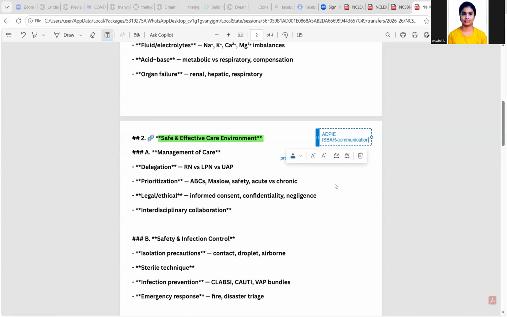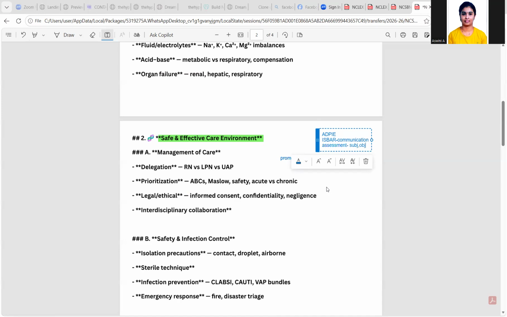So while identifying the case scenario, after that, we use the ATP method, because here we are doing the assessment. In assessment we get both subjective and objective data. Subjective means the complaints told by the client, and objective means the findings observed in the patient.